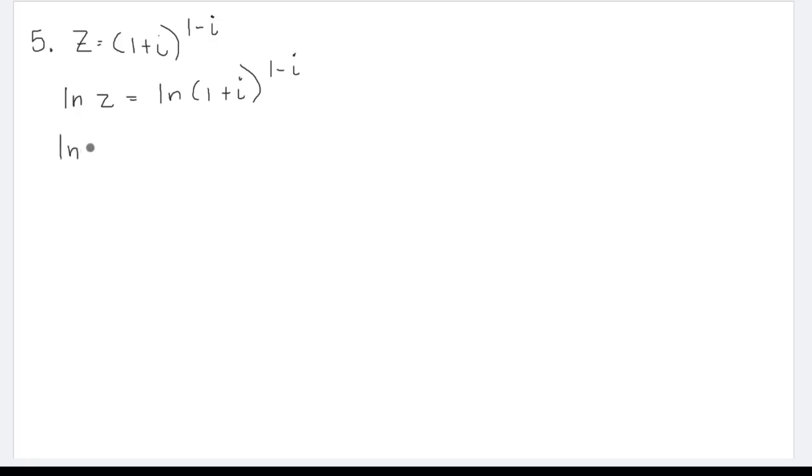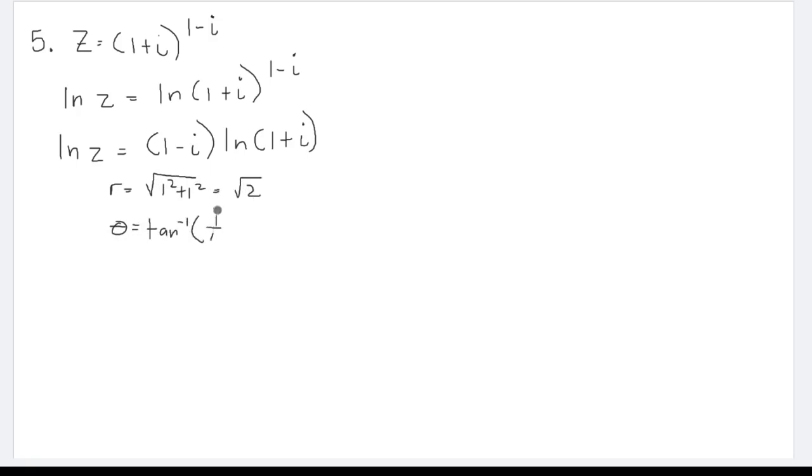So we have ln c is equivalent to 1 minus i times ln of 1 plus i. And like what we did in the fourth example, let us get our r and theta. So r is equivalent to the square root of 1 squared plus 1 squared, that's equivalent to square root of 2. And our angle is arctan of 1 over 1, and that's equivalent to pi over 4.